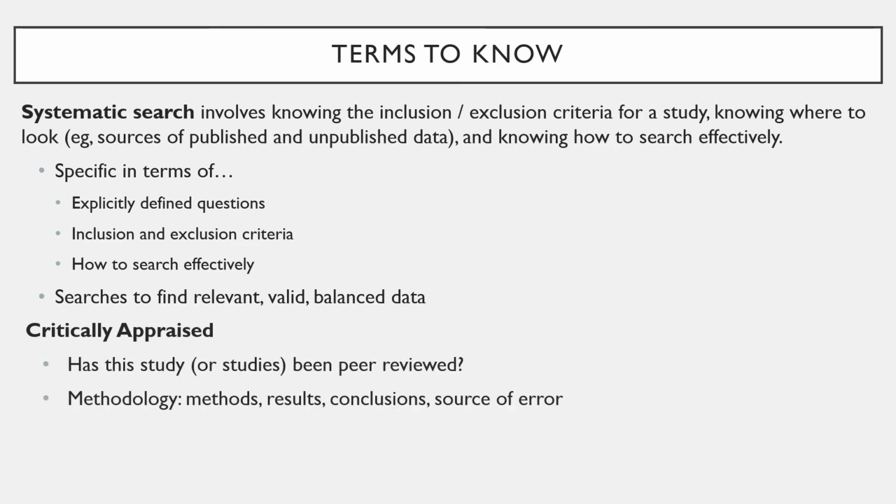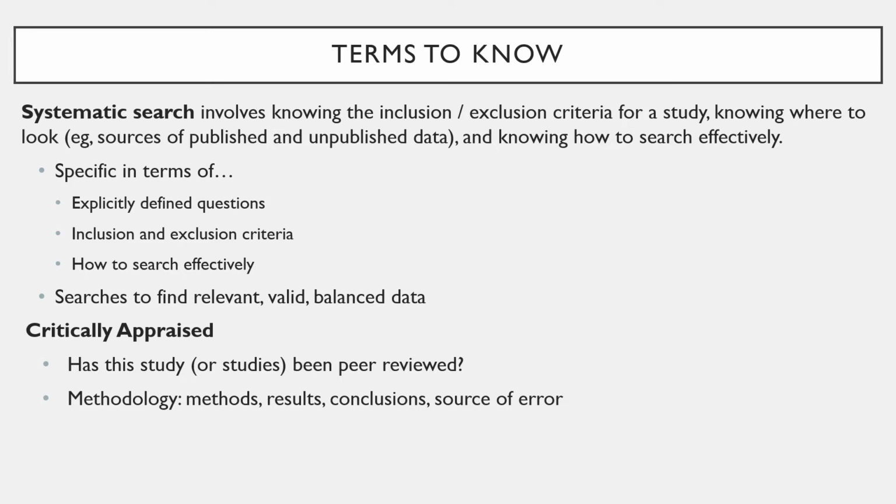Critically appraised means that the study has been peer-reviewed. Remember what peer-reviewed means is that authorities, experts in a field, are taking a look at appropriate studies to find out from that field if those studies were done using clinical equipoise. Were they biased?